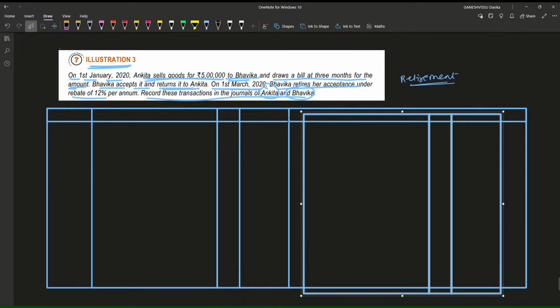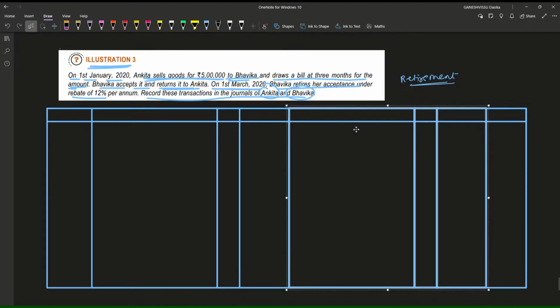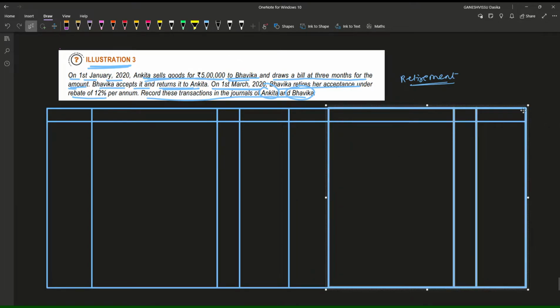Let us have here now the same columns would be there. So up to here we are going to record in the books of Ankita, and this is Ankita book, and here we are going to record Bhavika. Here we are going to see Bhavika books. Ankita books and Bhavika books.